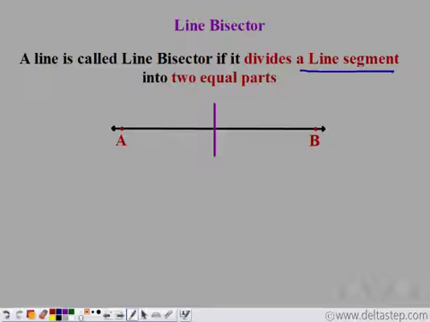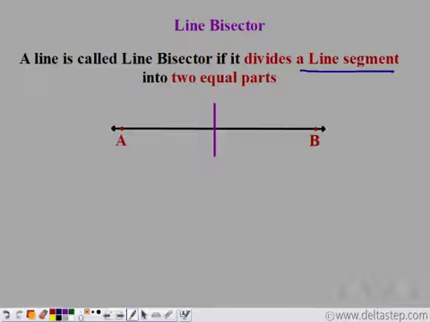Line AB means the line which passes through the points A and B. So we have these points A and B and a line passing through them. This is a line segment. Now this part is equal to this part. So this line segment appears to be the line bisector of this line AB.